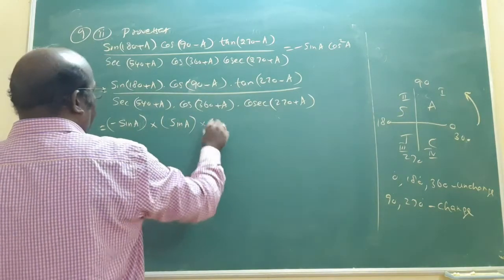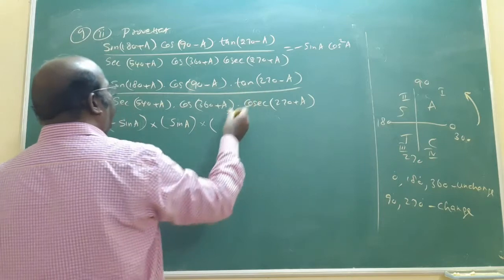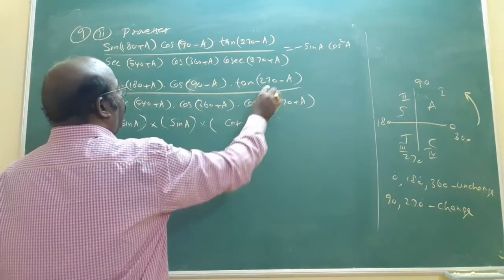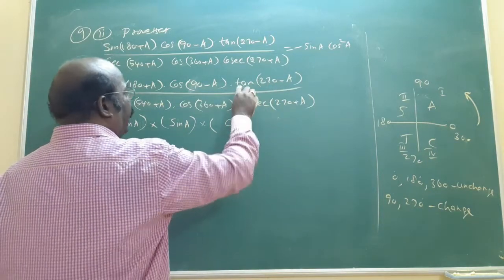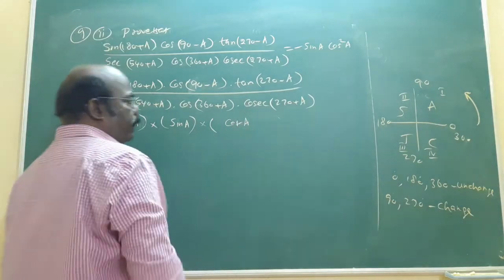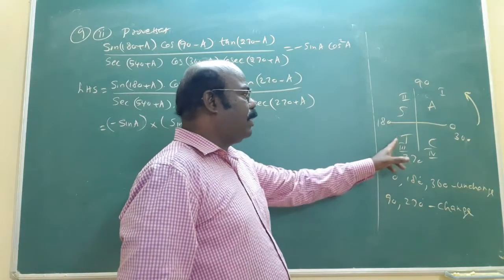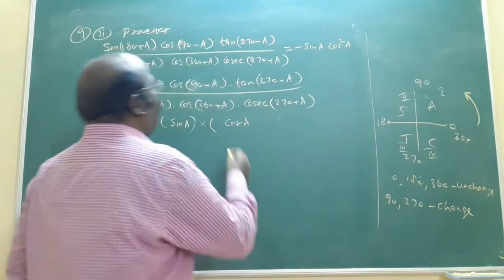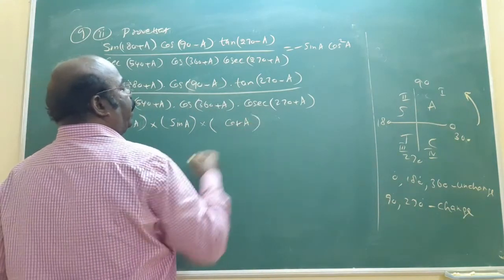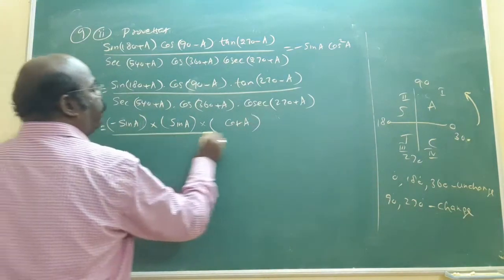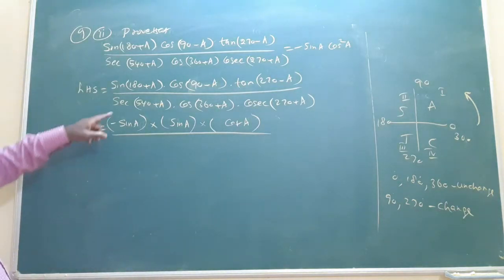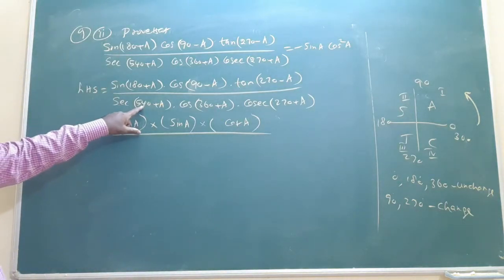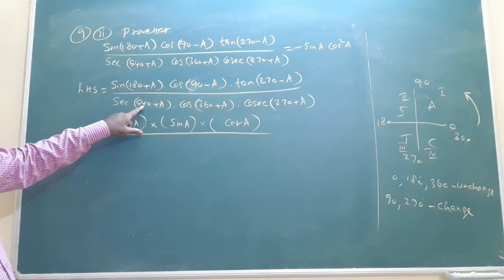Into tan 270. Tan becomes cot A because 270 changes tan to cot. 270 minus is what? 270 minus third quadrant, tan only positive, tan is there, need not put plus sign. Divided by, already told you, 540 can be written as 360 plus 180. 360 becomes 0.